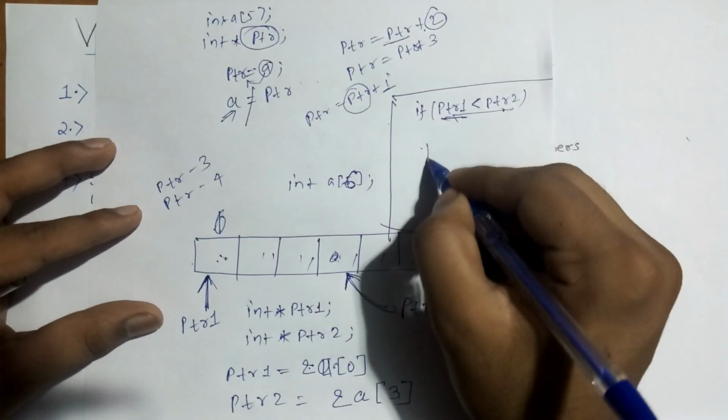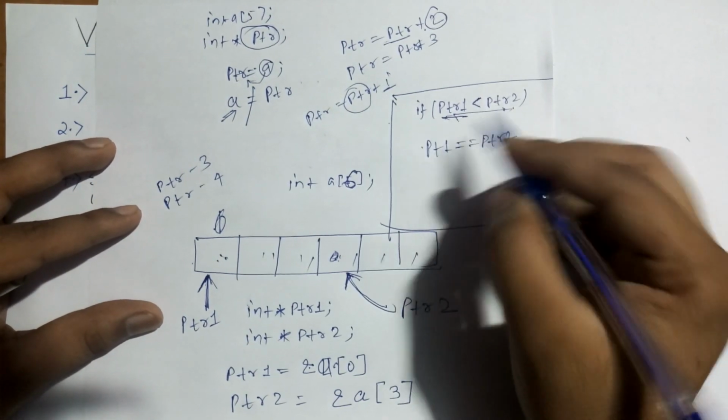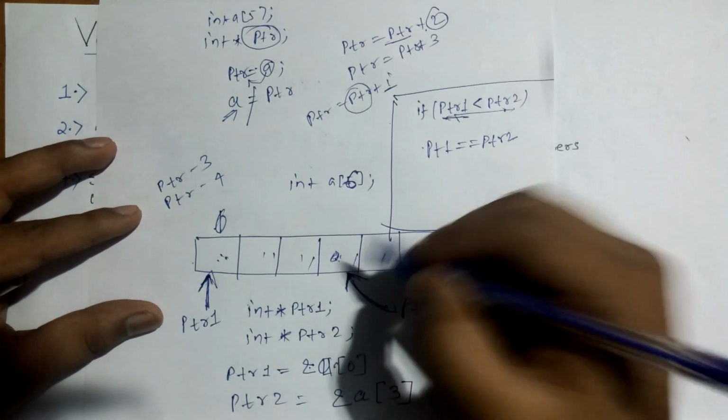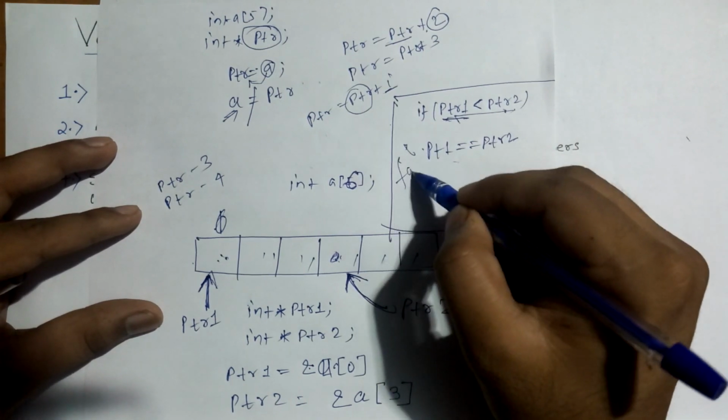But if you check ptr1 equal to ptr2, ptr1 is pointing to this memory location and ptr2 is pointing to that memory location, they are not the same, so this will be false.